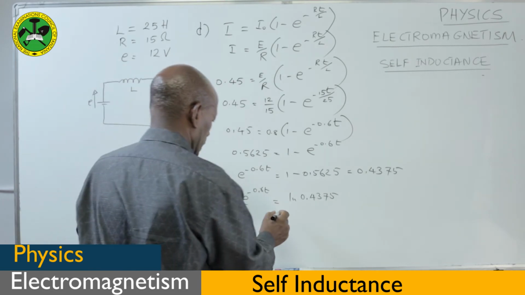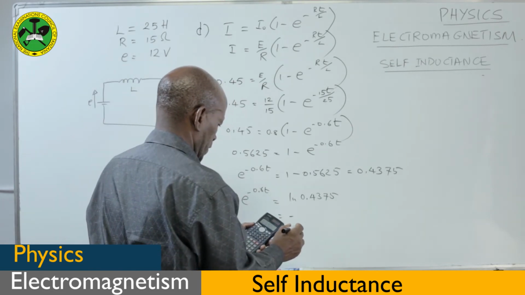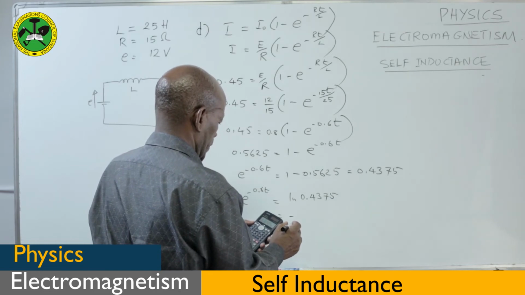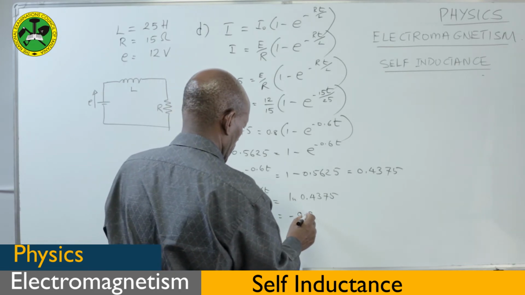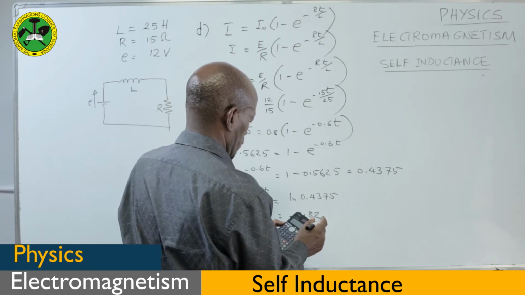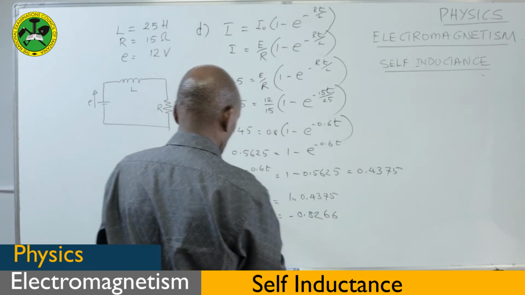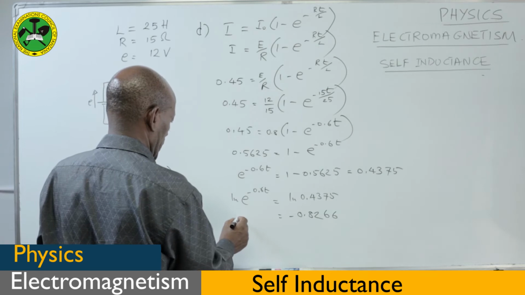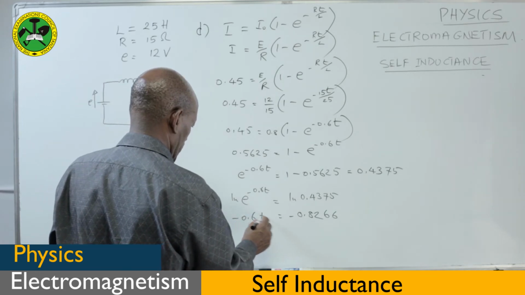This is minus 0.8266, and the ln of this is equal to minus 0.6t.